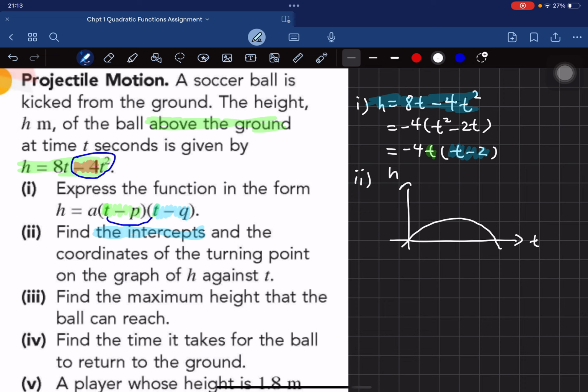We are asked to find the horizontal axis intercepts, which are these two points shown here. These two points are the x-intercepts.